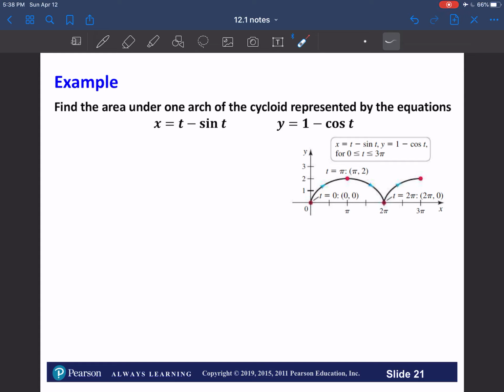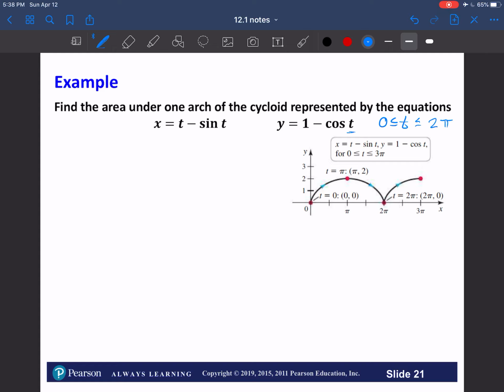Certainly y is equal to 0 at t equals 0, because whenever you plug in t equals 0 right here, you would get 1 minus 1, which is, of course, 0. And this doesn't happen again until 2 pi.